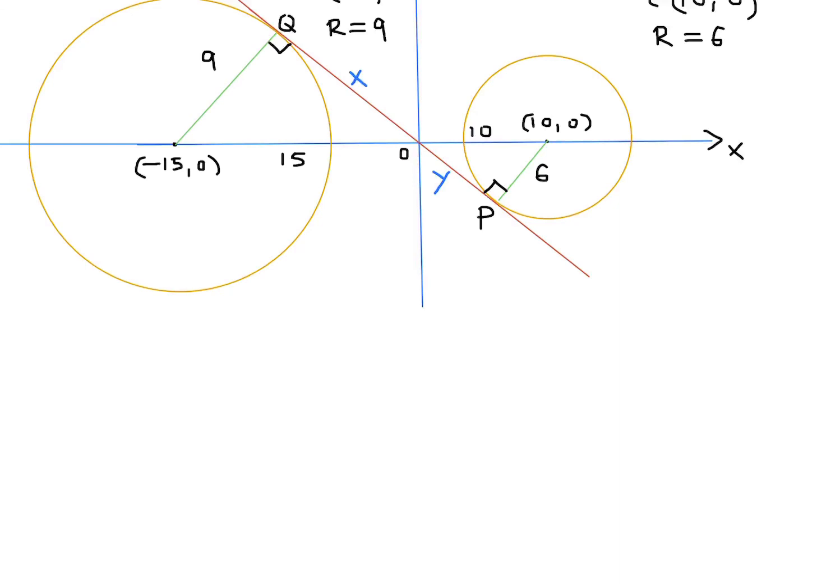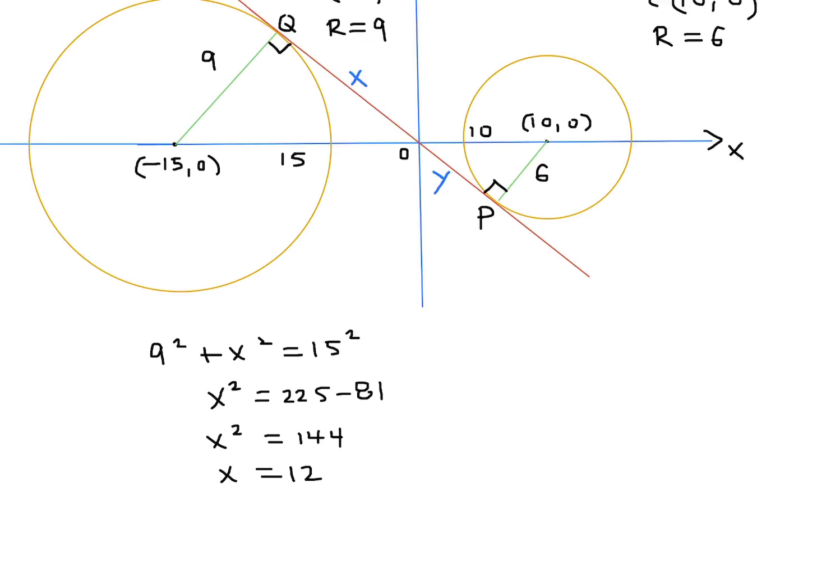So here we go. Our first big triangle, we'll have 9 squared plus X squared is equal to 15 squared. So that means X squared is equal to 225 minus 81. So X squared is equal to 144, and therefore X is 12. From our smaller circle and smaller triangle, we have Y squared plus 6 squared is equal to 10 squared, and therefore Y squared is equal to 100 minus 36.